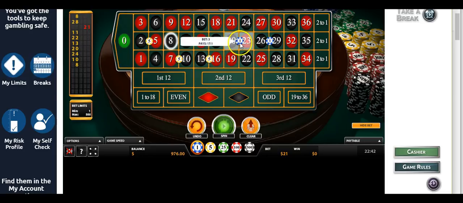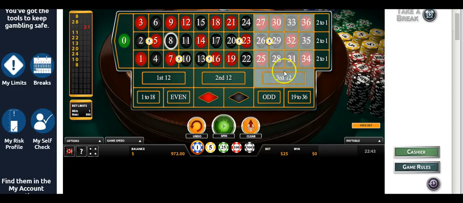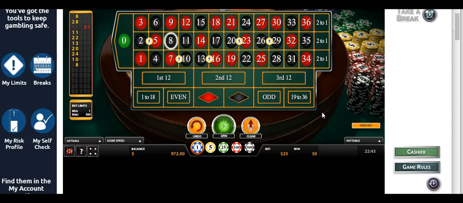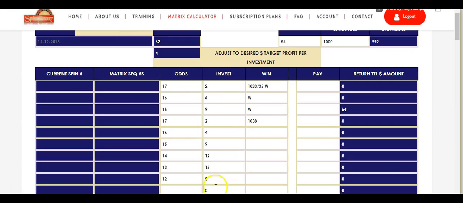Again, not worried. You would be surprised. And believe it or not, the other number for that sequence, 29, was one of them. So I guess we're going to put that here. So your actual bet is 30.